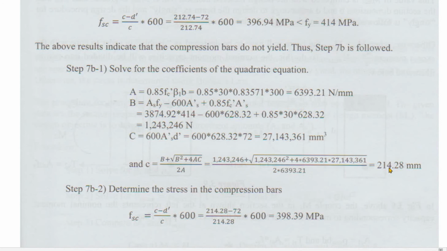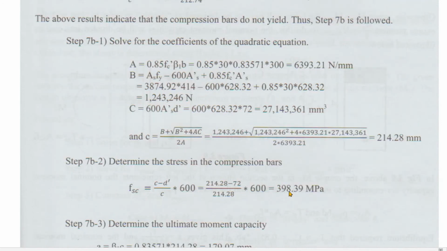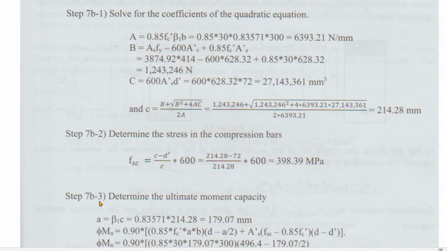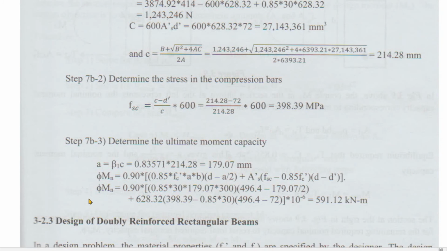And then, from there, since bago na yung small c mo, mako-compute mo ngayon yung bagong FSC, which is 398.39 megapascal. And then, step 7B-3, determine the ultimate moment capacity. Ayan. So, dito, dalawa na ang ating i-consider.